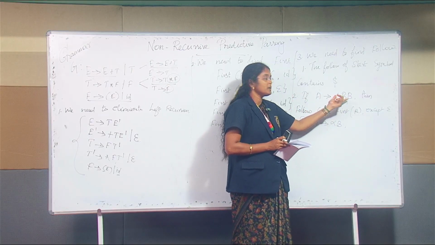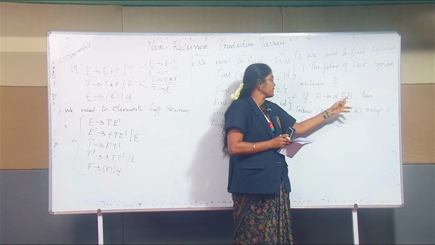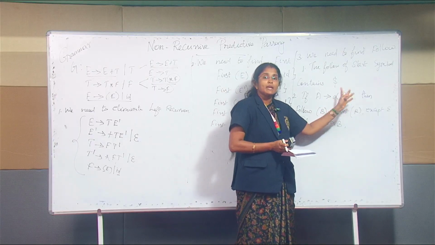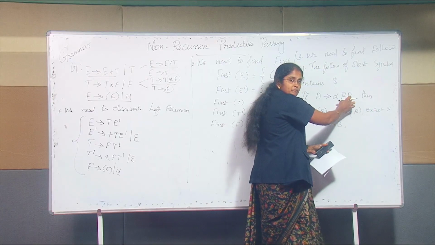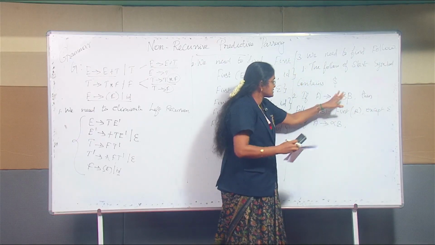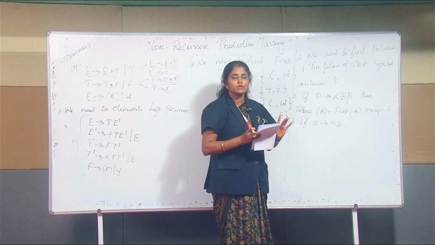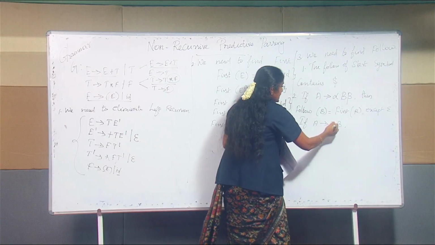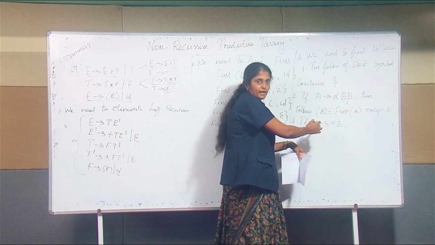If it is present in between 2 elements, the follow is the first of the following element, except epsilon. If you apply epsilon to this beta, the beta will be the null one, epsilon is a null one. Then in this case the follow of B is the follow of A.